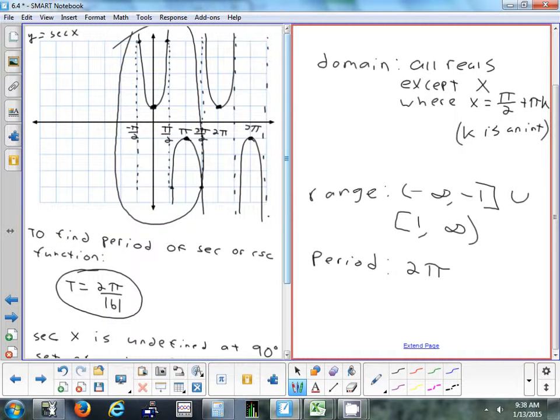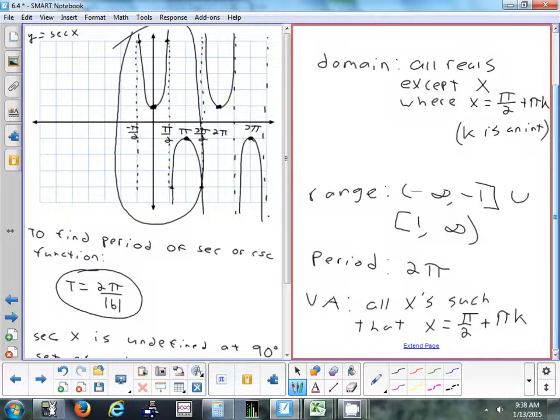Okay, and what else do they want? Vertical asymptotes. Well, we already figured that out. It's all x's such that x is of the form pi over 2. Just pick any asymptote you want to start with. Plus, you can add or subtract pi times an integer.